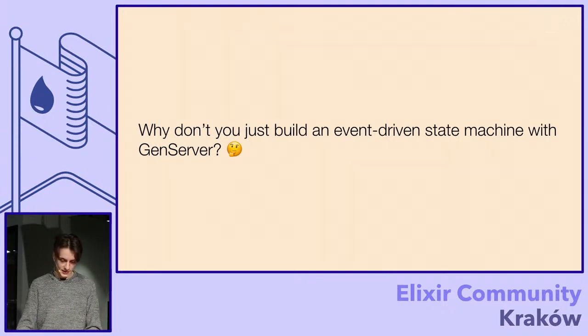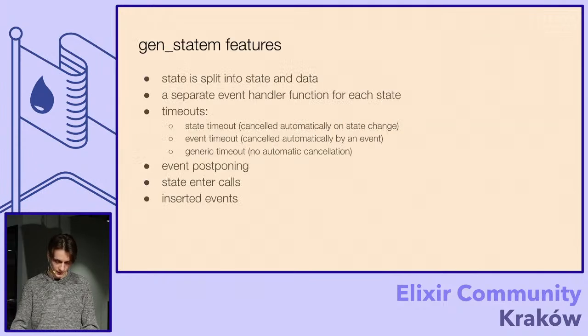So I'd say if your problem has a natural representation as a state machine and that this state machine is not really trivial and that you're going to use features that generic state machine provides, then you might want to consider using generic state machine. If not, then I think you'd be good with sticking with Gen server. Now, what are the features of generic state machine that makes it stand out?